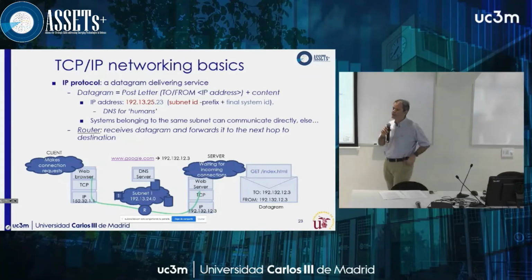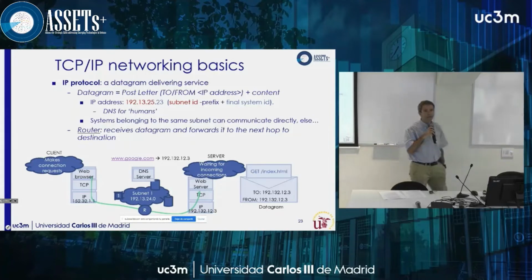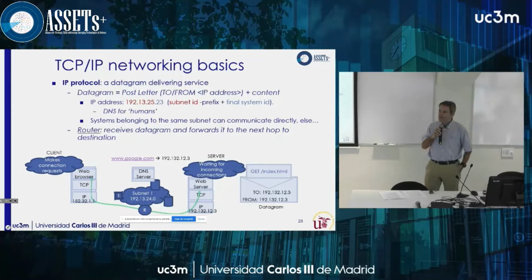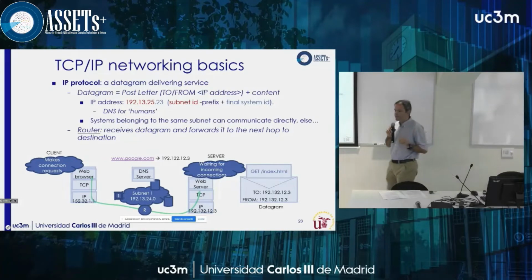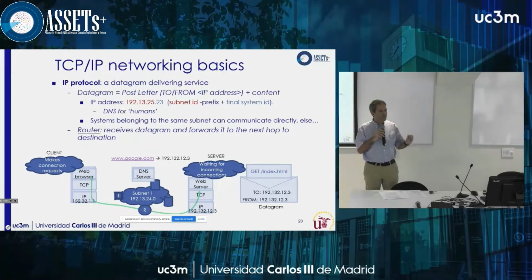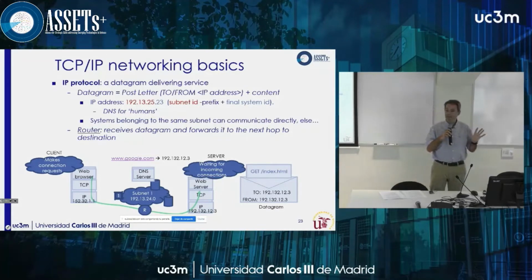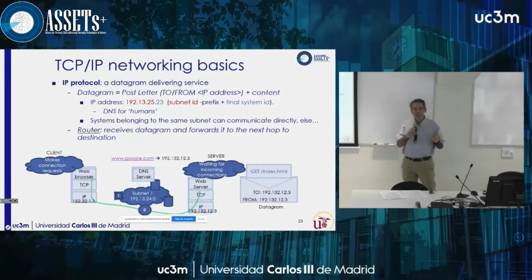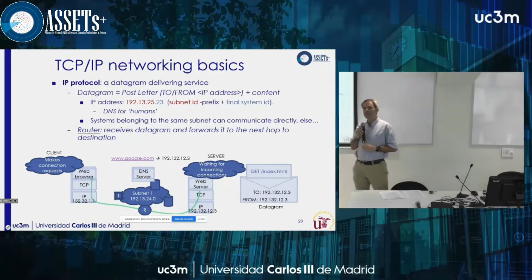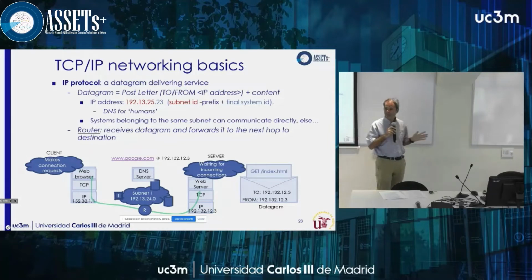So the internet is based on a protocol, named IP protocol, internet protocol, that offers us a service of datagram delivering. What is a datagram? A datagram is exactly the same as a post letter. So the datagram delivering service is the same as a mailing service.